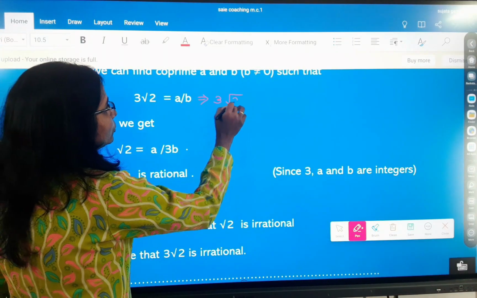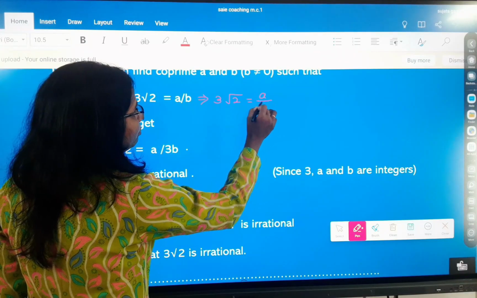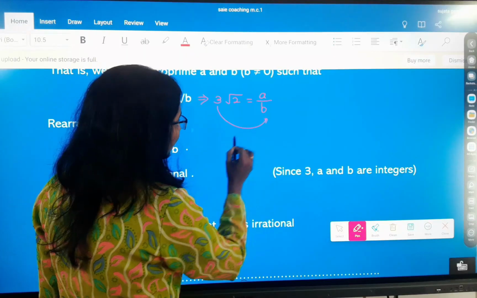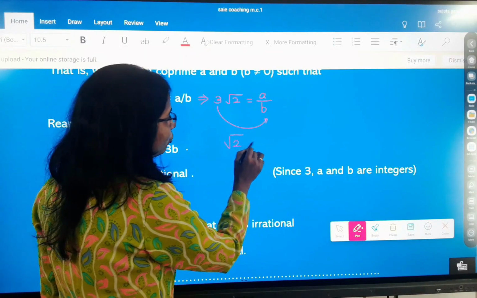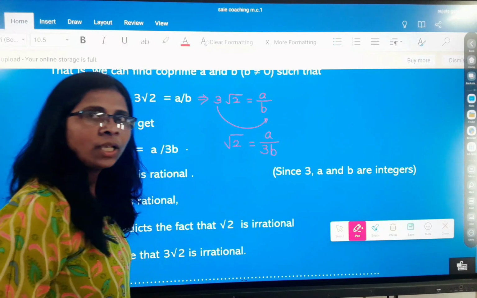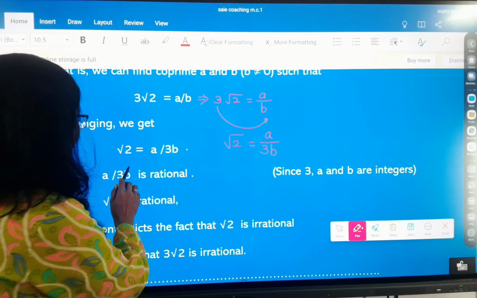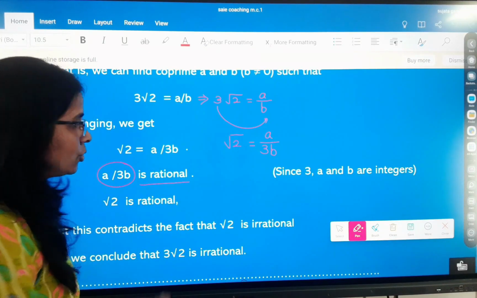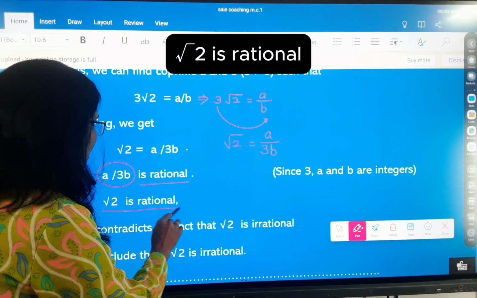3 root 2 which is equal to a upon b. Okay. So change the position of 3. So root 2 is equal to a upon 3b. Okay. So now here a upon 3b is rational.